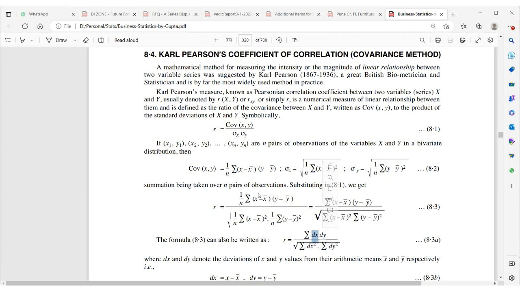dx is x minus x bar. You can take x minus a for the shortcut. x minus a we denote as dx. Similarly, y minus b, where b is assumed from the y series, right? Now, look at this example.